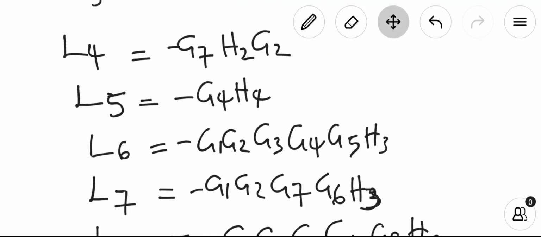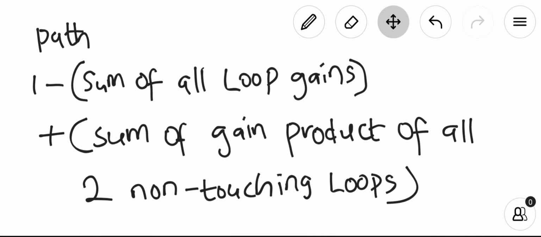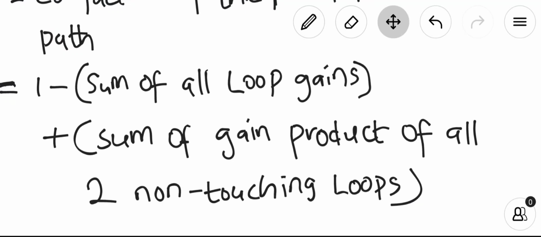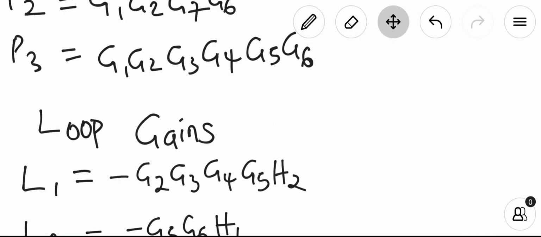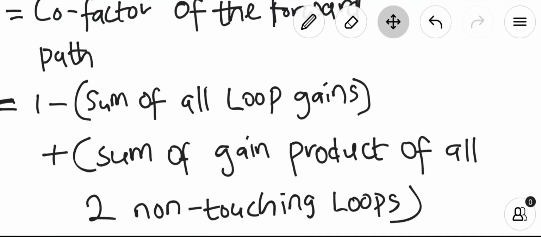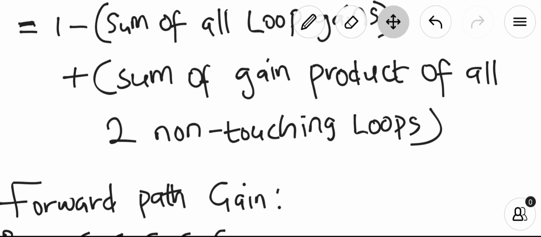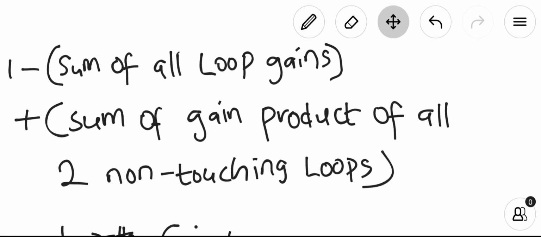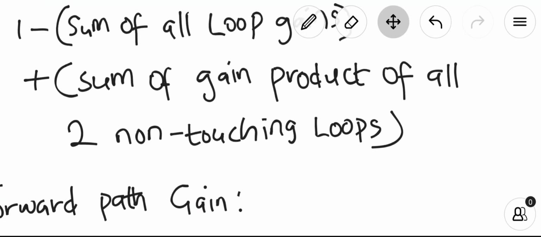From the determinant, we need to find the sum of all loop gains, that's the sum of all the loop gains we actually obtained. And then we need to find the sum of gain products of all two non-touching loops.